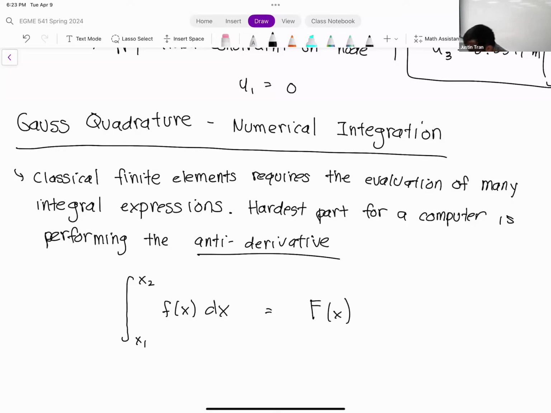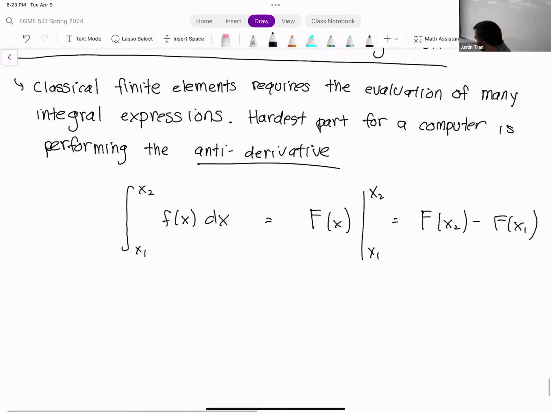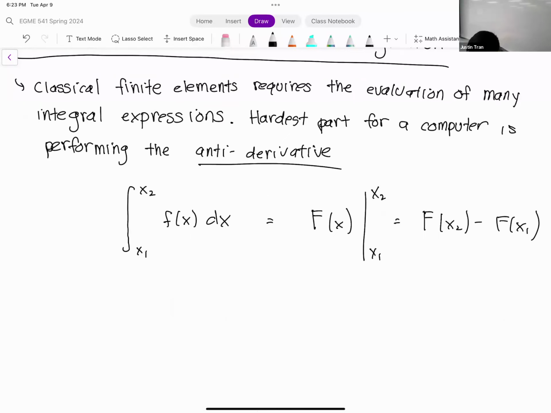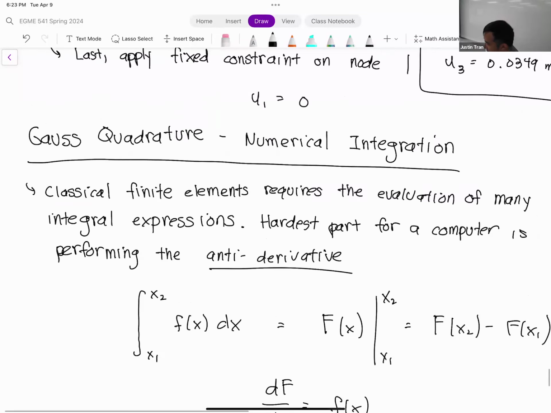Then we evaluate this big function F of x from x1 to x2. So the evaluation of the integral will be big F of x2 minus big F of x1, where the relationship between big F and little f is such that the derivative of big F with respect to x is equal to little f of x.